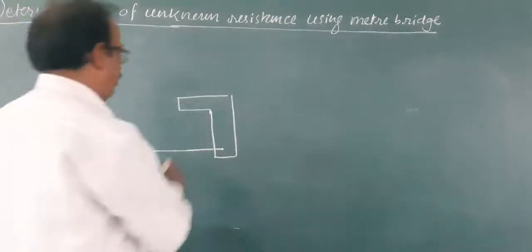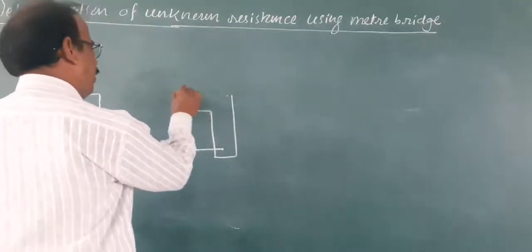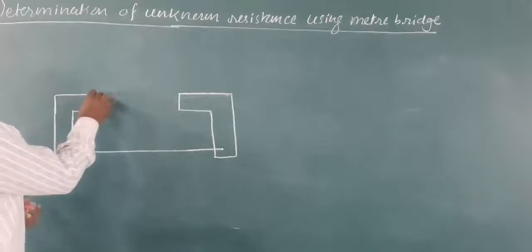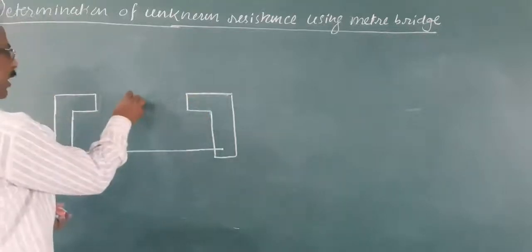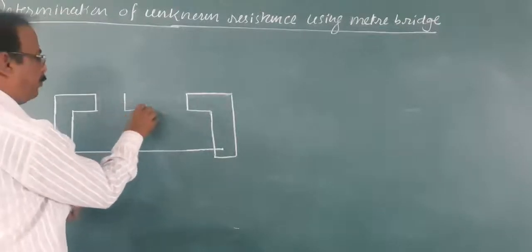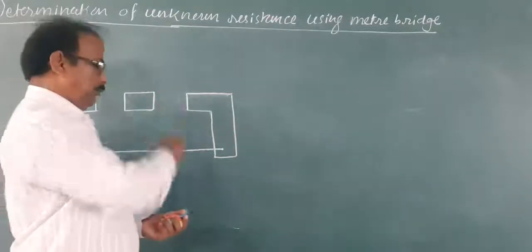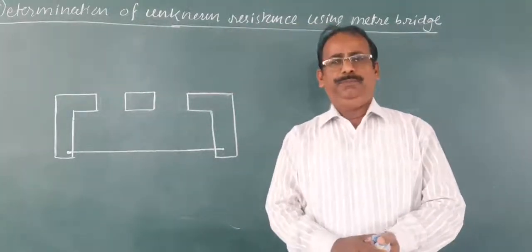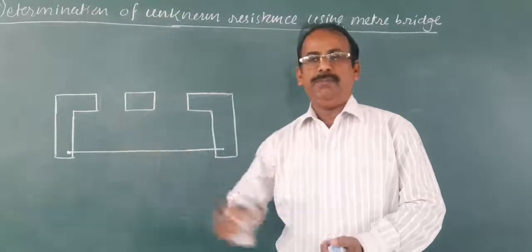There is a third metallic strip, fixed on the table in such a way that there is a formation of two different gaps with the L-shaped metallic strips. This is the third metallic strip.